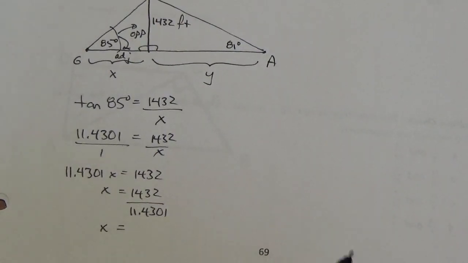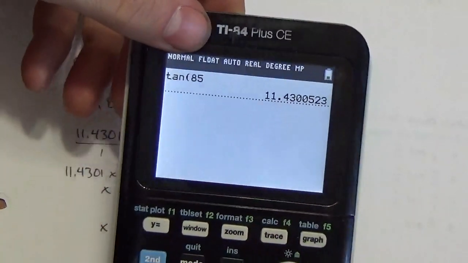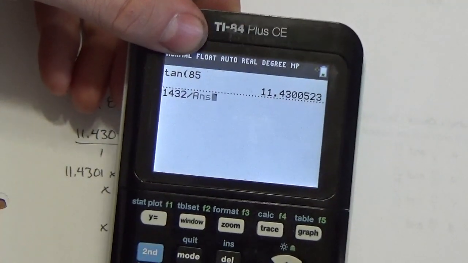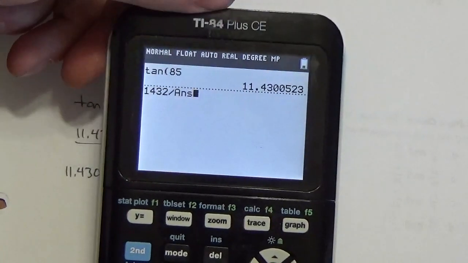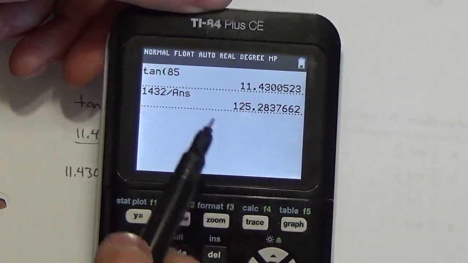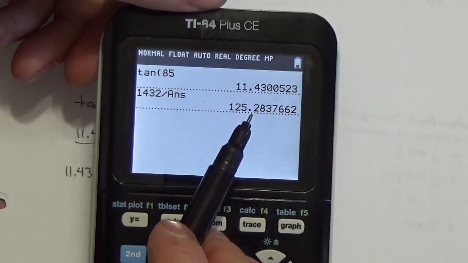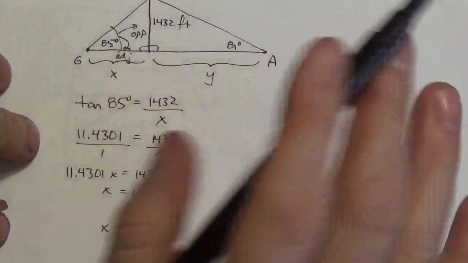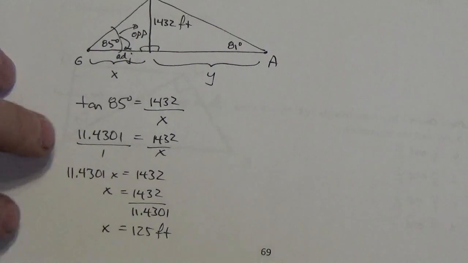Now, I'm just going to use the value that's on my calculator. So I'm going to put in 1432 divided by the answer that I just created, this 11.43, but I'll let the calculator do that. And I get to the nearest tenth 125.3. Oh, I'm sorry, they want the answer to the nearest foot. So to the nearest foot, that would be 125 feet.